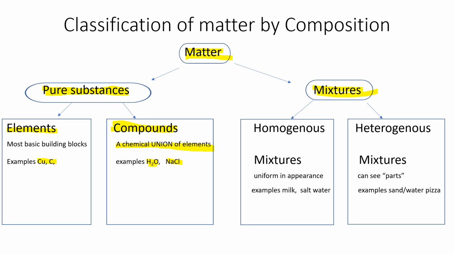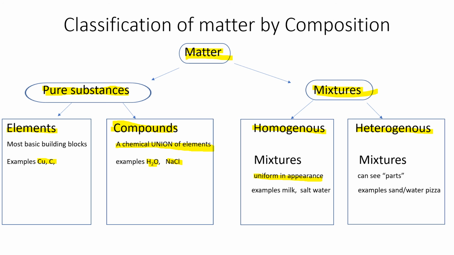Our mixtures can also be broken down into some subcategories. So we have homogeneous mixtures and heterogeneous mixtures. These are all based upon what that mixture looks like. In a homogeneous mixture, things are going to be uniform in appearance.